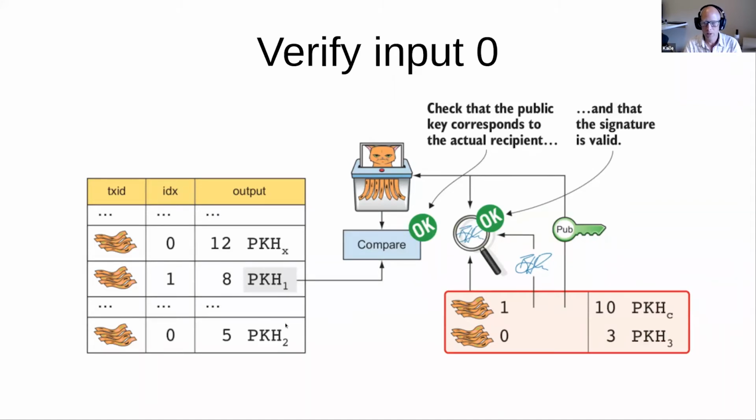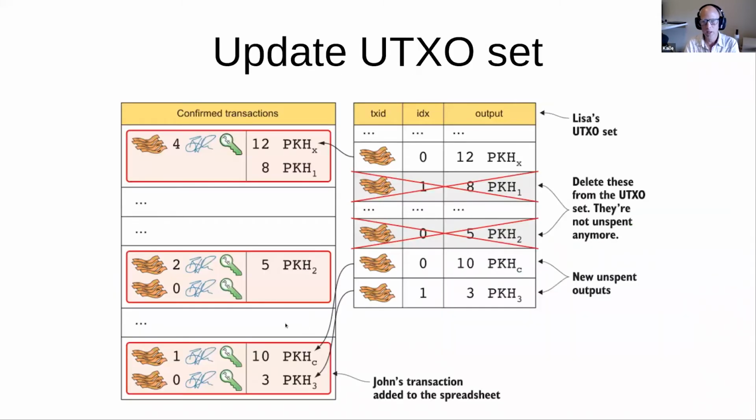Okay, so that's how Lisa would verify the transaction. And if it's all okay, she will add the transaction itself to the list of confirmed transactions, the spreadsheet. And she will also update her UTXO set. She will delete the UTXOs that are now spent, because they are not unspent anymore.